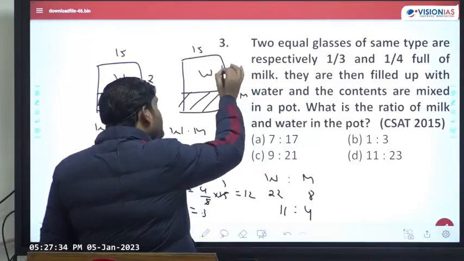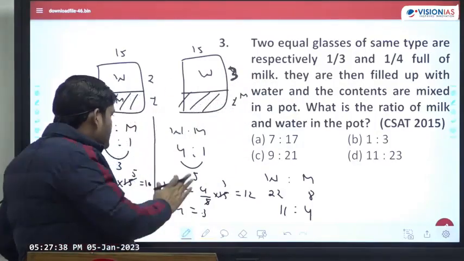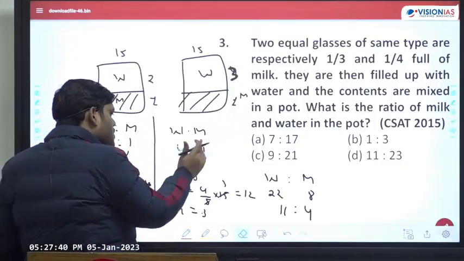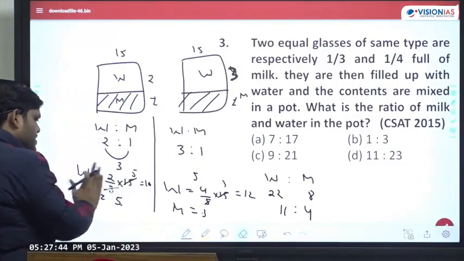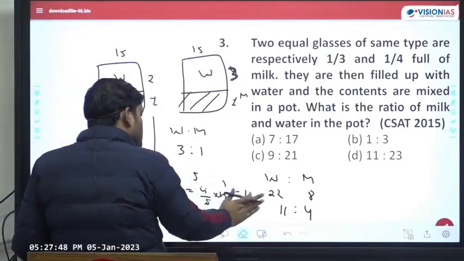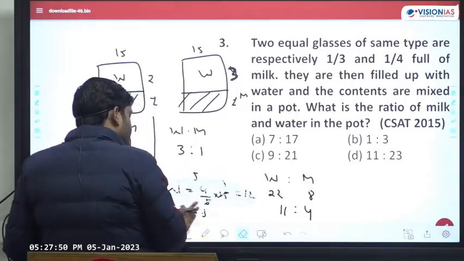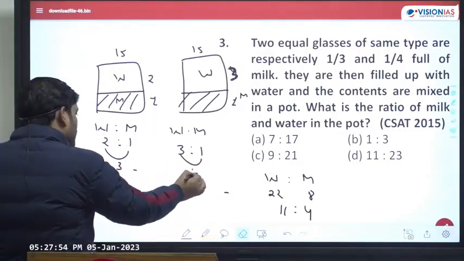That's why I made the mistake. This is 3 parts, this is 1 part, so this will be 3:1. Everything will change. So this will be 4.